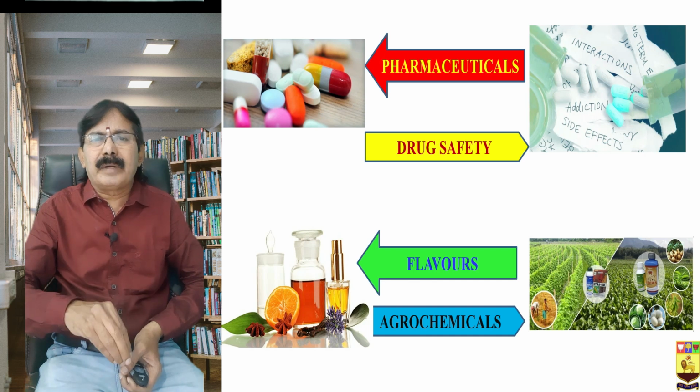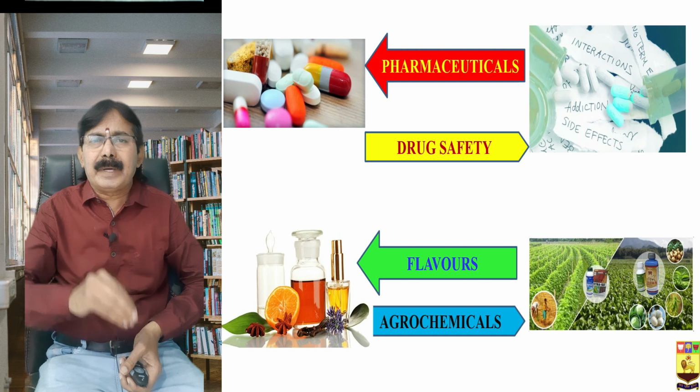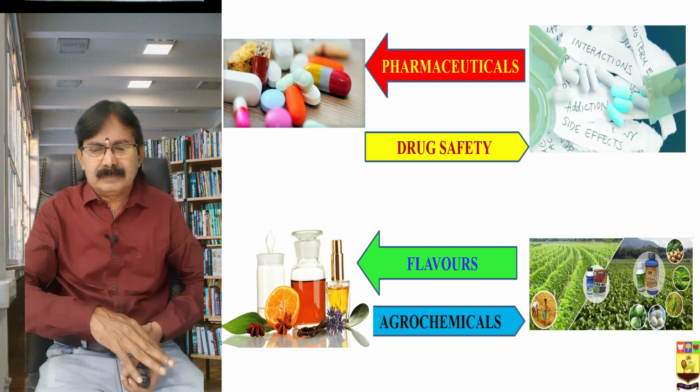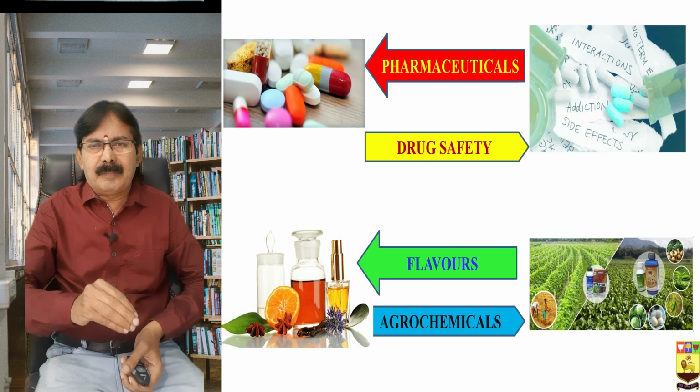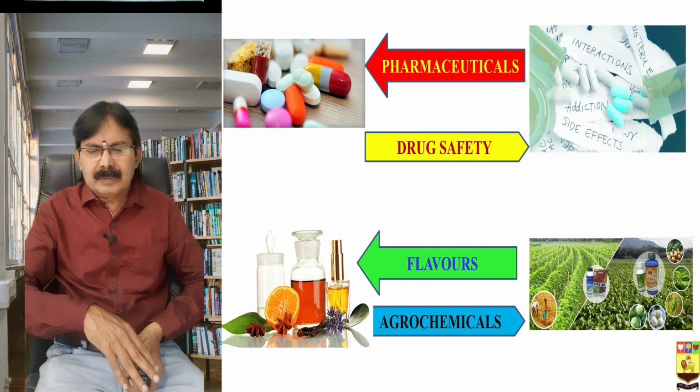Here the role of asymmetric synthesis is to selectively prepare the isomer which is beneficial to human life. That type of development is done by asymmetric synthesis.